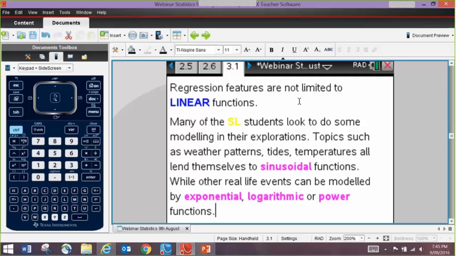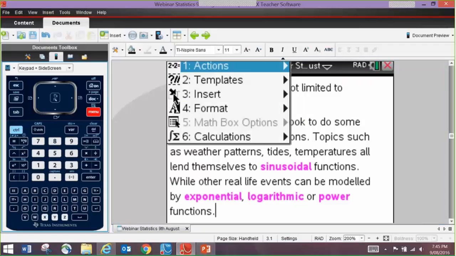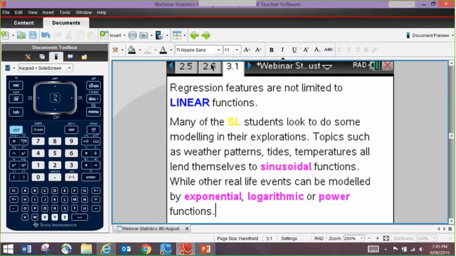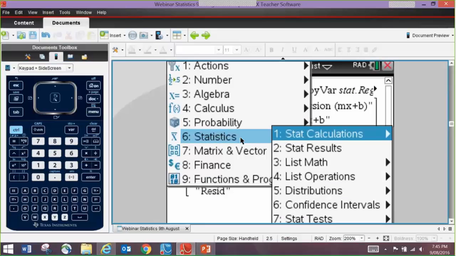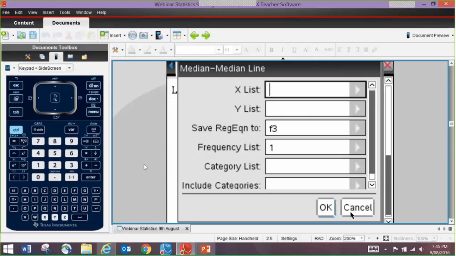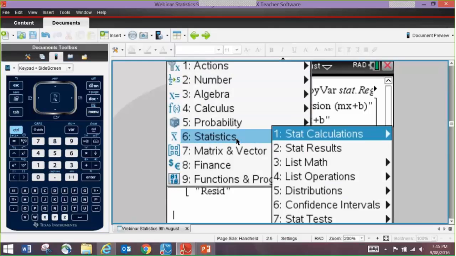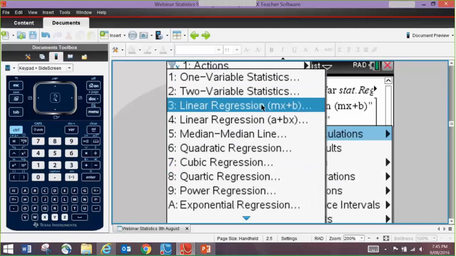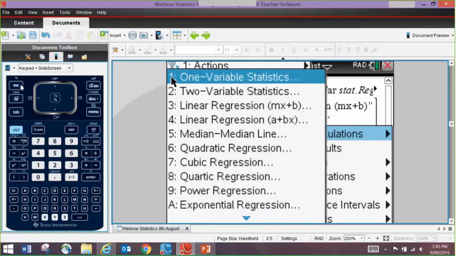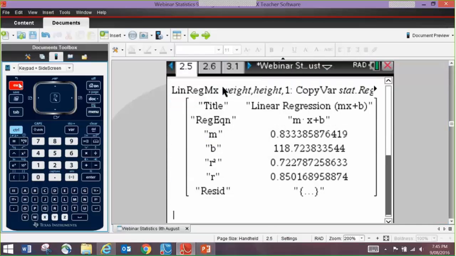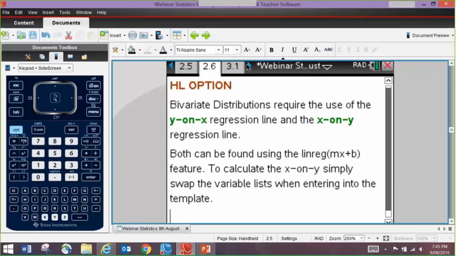So regression's not just limited to linear data sets. We can do many different types of regression. If I go back here and pop up the stat calculations, you can see that there is a huge list of regressions available, and what I want to have a look at are a couple that you may have used.